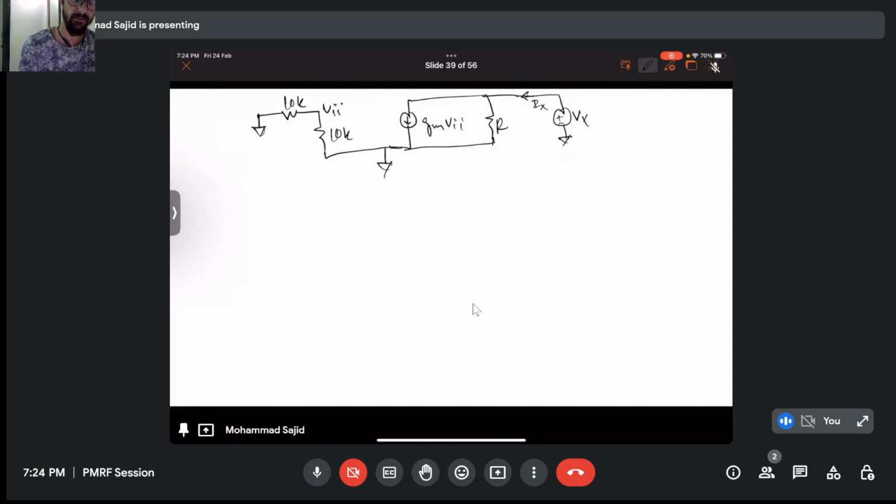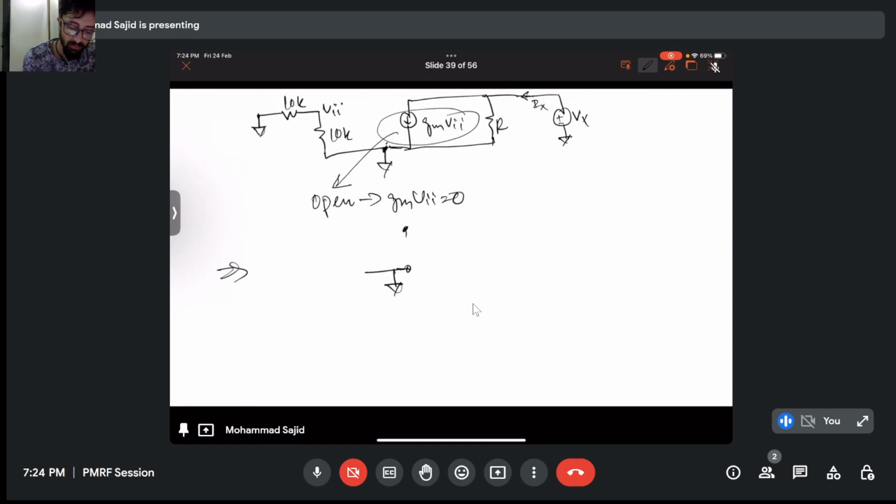This is your Vx. So since this is grounded, VI will be 0. This will be open because no current flows. So my circuit will become as this will cut off because this is grounded. It has no worry regarding this. So this will simply be grounded.